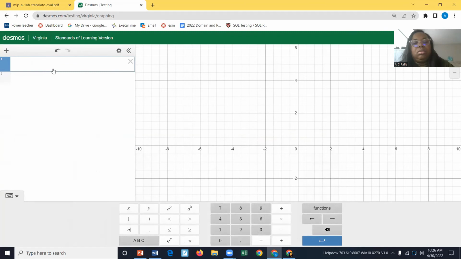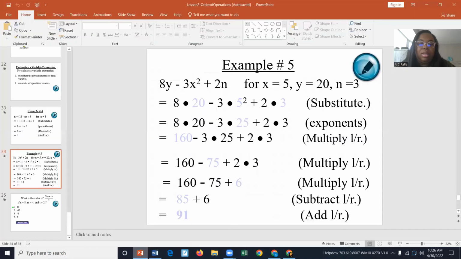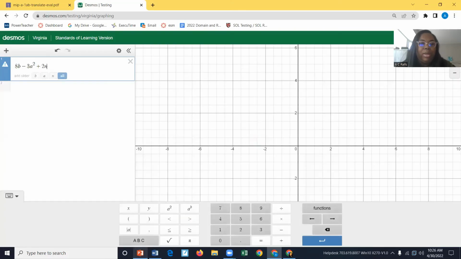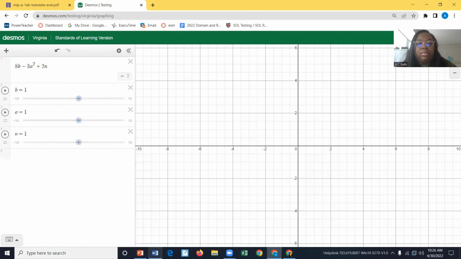So make sure that you replace X and Y with A or B. And so since I have 8Y, I'm going to say 8B minus 3A squared plus 2N. And what you want to do when it says add a slider, you want to say all.